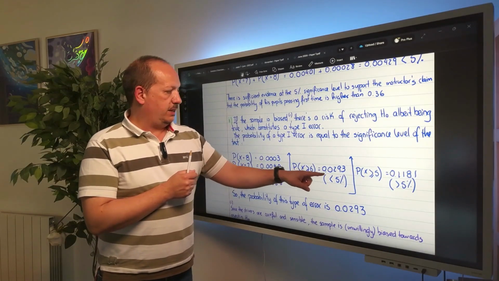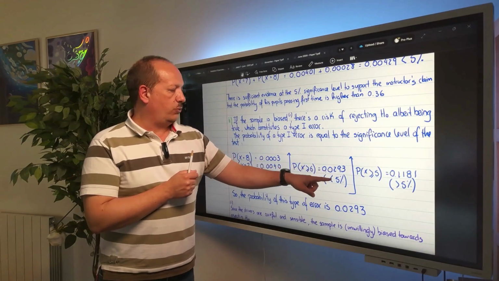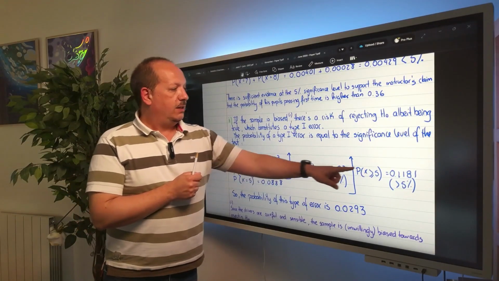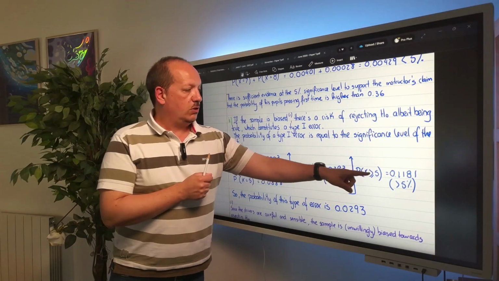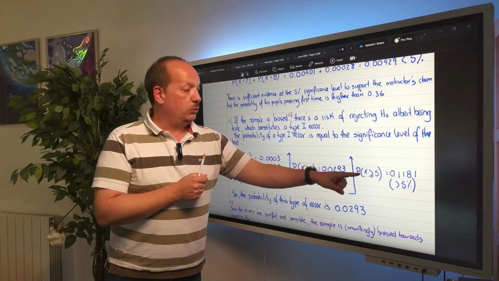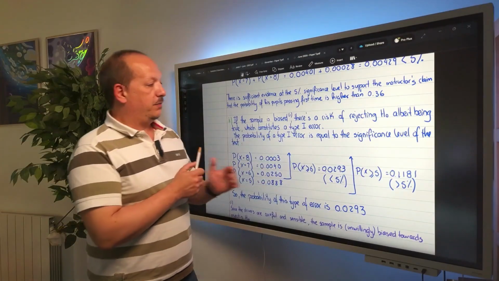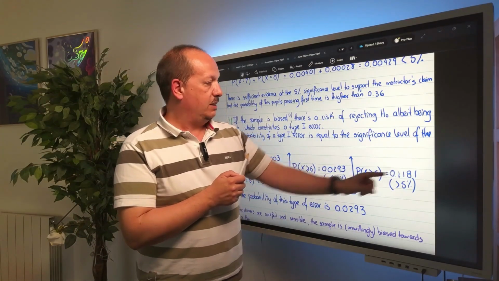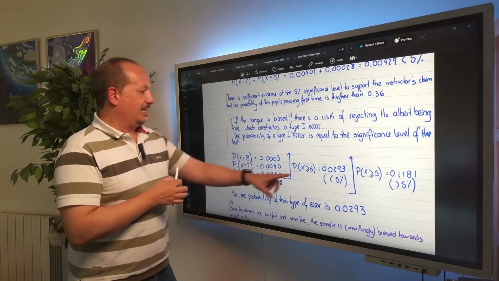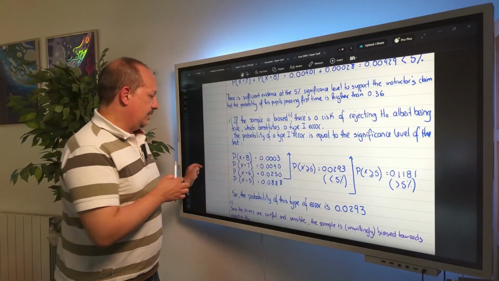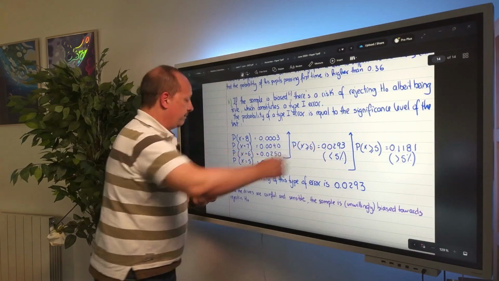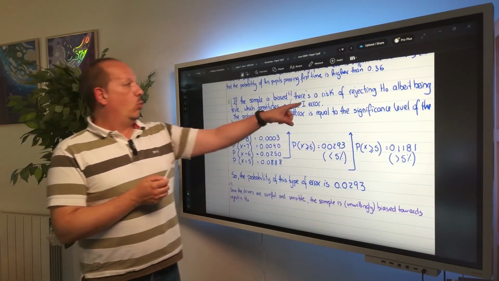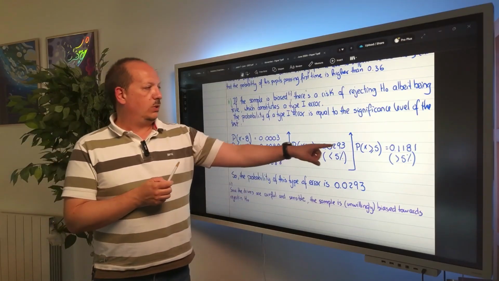This one is 0.0293, when x is bigger or equal to 6. When x is bigger or equal to 5, the probability of that happening is already bigger than 5%, okay? So the actual significance level of the test is this, which is also the probability of the type 1 error, the one that we calculated here.